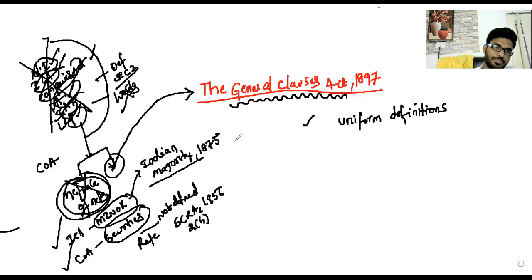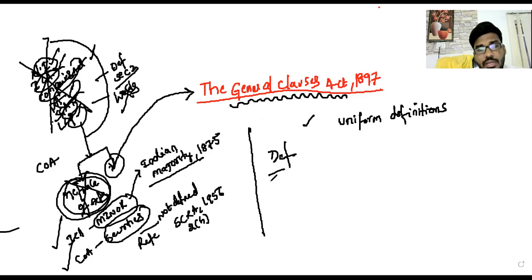And also, one more purpose why this act was introduced in India. Listen: in one situation definitions are not defined, and then you should follow the General Clauses Act.